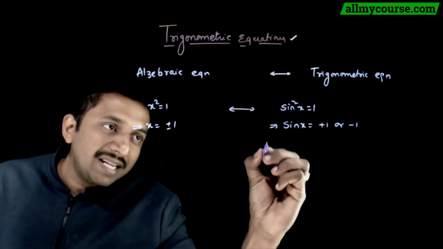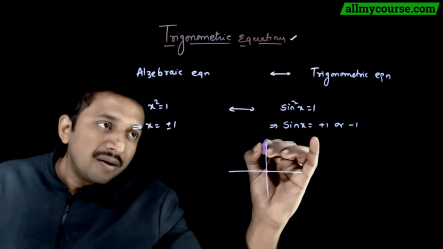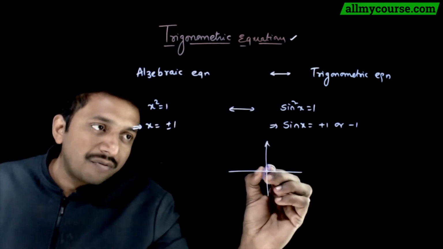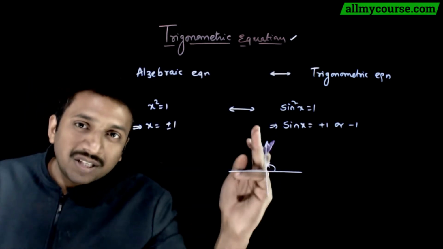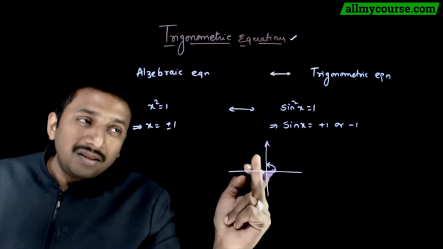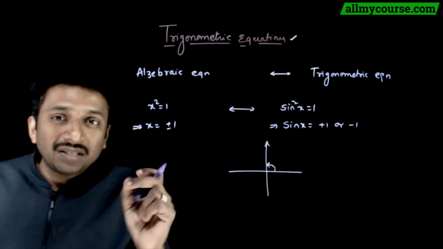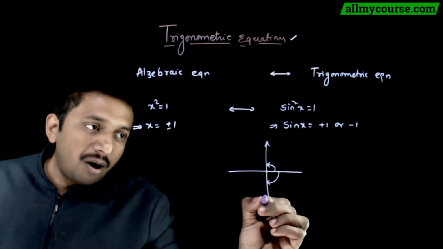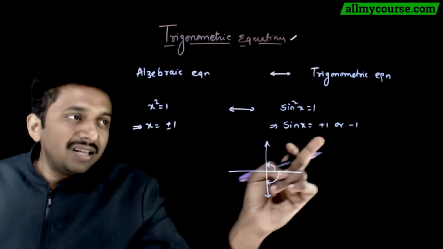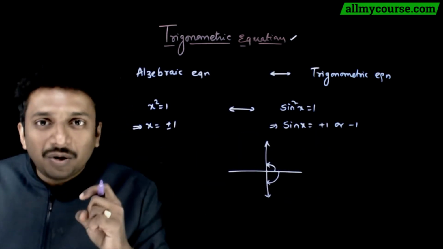That is, if sin x has to be equal to 1, for the position which is of 90 degrees, corresponding to the ray of this position, the value of sin x will always be equal to plus 1, and corresponding to this position of minus 90 degrees, the value of sin x is always equal to minus 1.